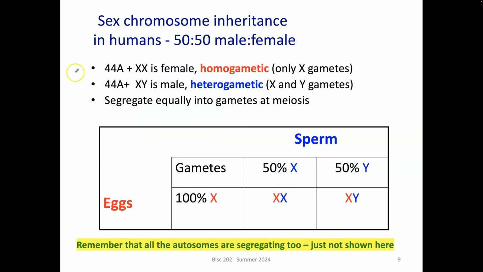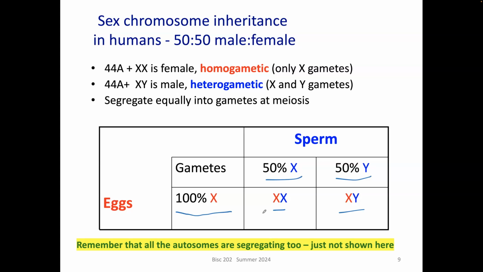And so sex chromosome inheritance in humans and other mammals: the female has gametes that all produce eggs with an X chromosome. Males, 50% of the sperm have an X, 50% have a Y, and so we get a 50% male to female ratio. In fact, sort of interesting, sperm that have a Y chromosome are a little teeny bit lighter than sperm that have an X chromosome.